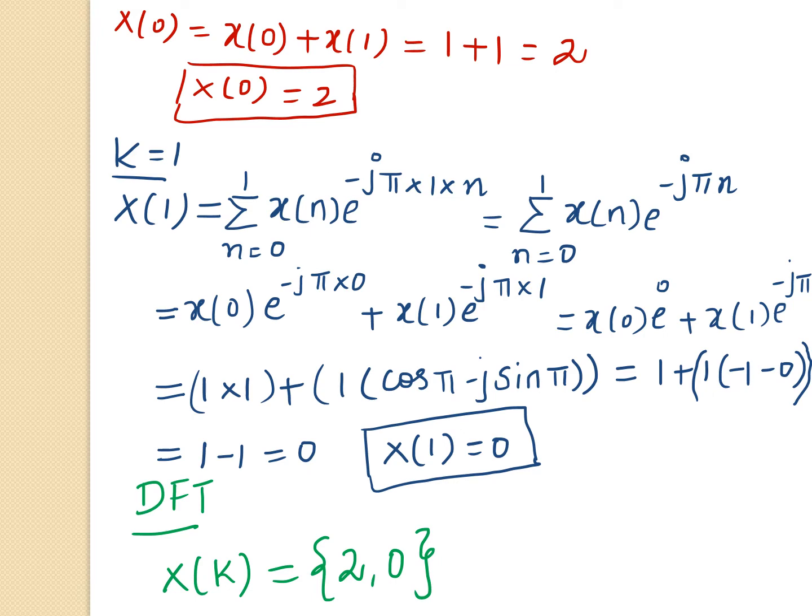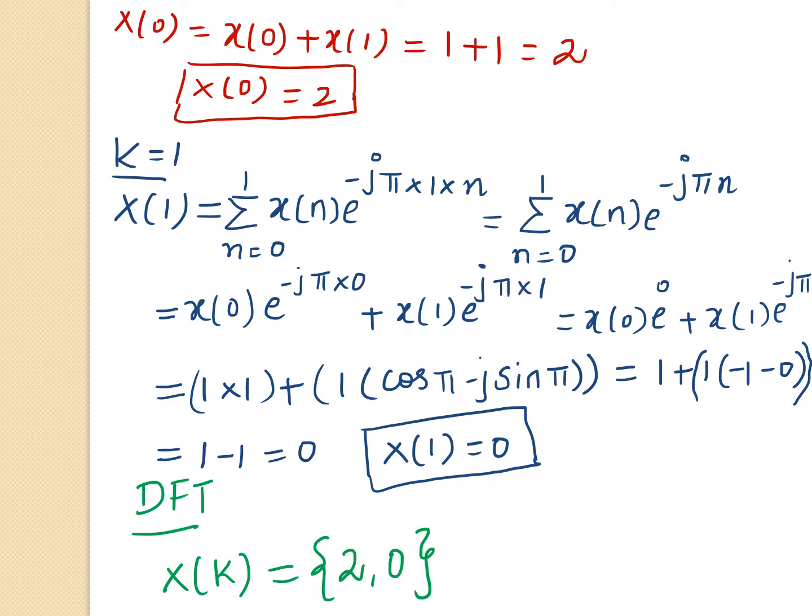So this 1 into 1 becomes 1 plus, 1 into cos pi, which is 1 into minus 1, minus j sin pi, which is 0, so minus 0. So upon simplifying this, we'll be getting 1 plus 1 into minus 1, which is 1 minus 1. So 1 minus 1, the value becomes 0.